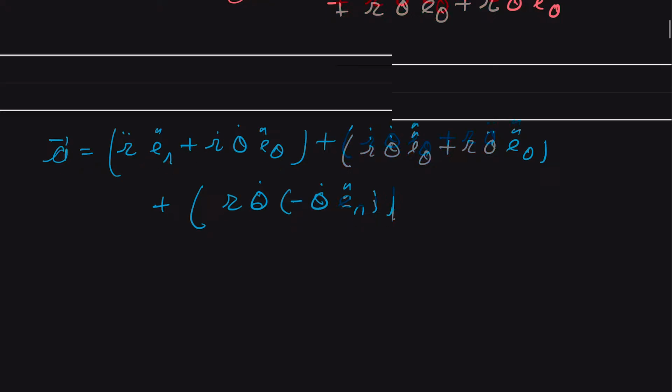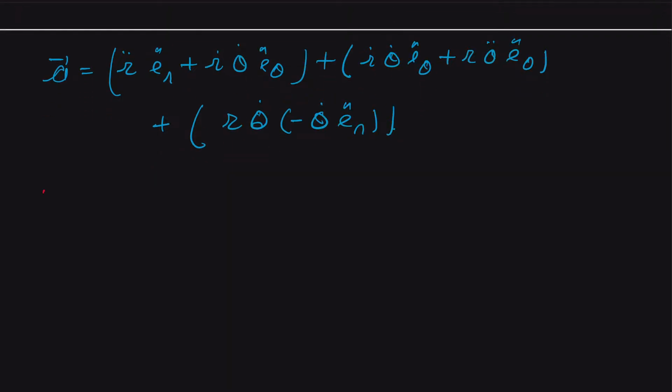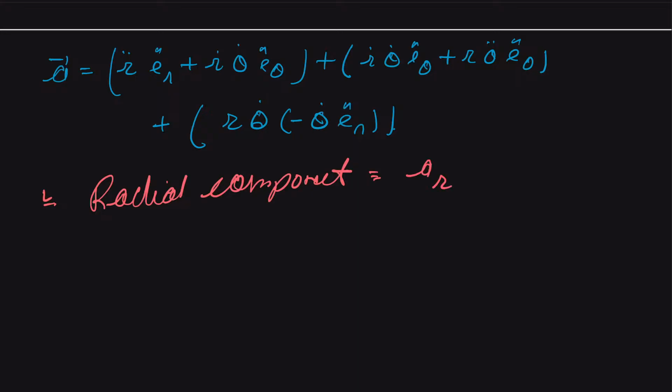And once again we can find out the radial component as well as the transverse component. The radial component will be giving us a_r equal to r double derivative minus r theta single derivative squared.